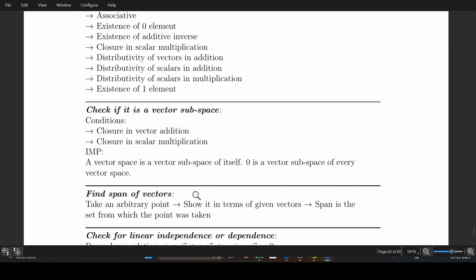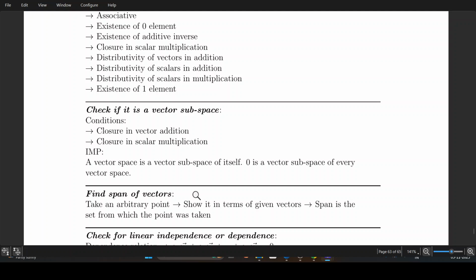So first take any arbitrary point over any field on which the vectors are from. So if the vectors are from R2, then take any point from R2, not from the set itself, right? Then show it in terms of the given vectors.